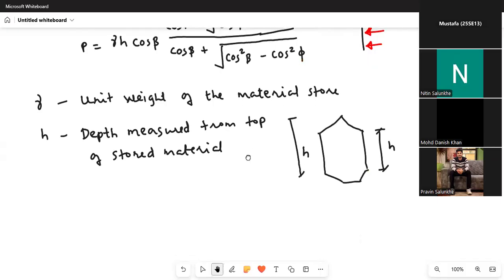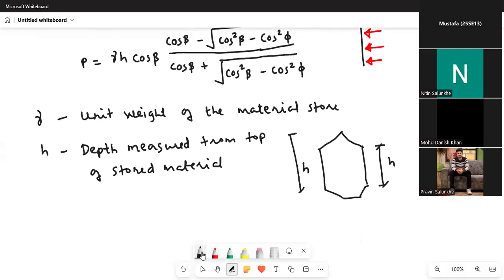Then what we have is beta. What is beta? I will tell you. Since you are providing surcharge of the material, see, this is your bin, and the surface of the material will not be horizontal. You will pile more materials on it, and it will form a triangular shape.